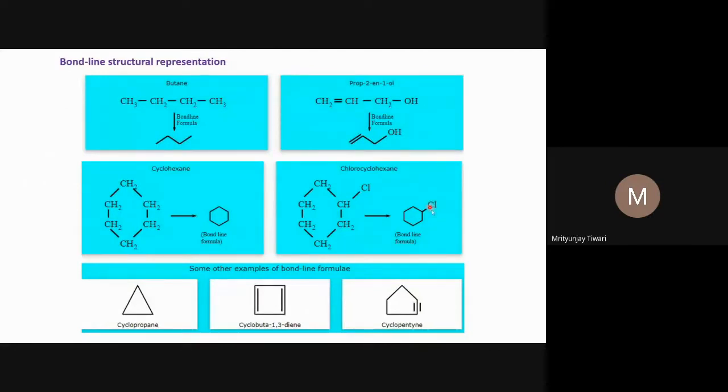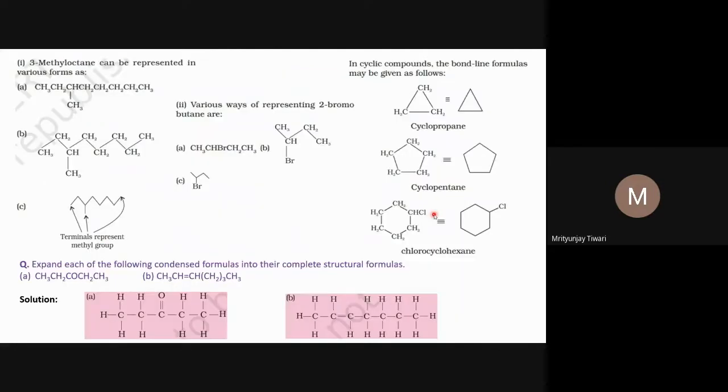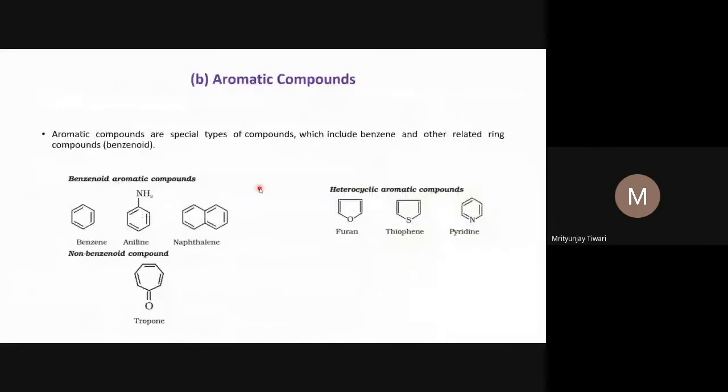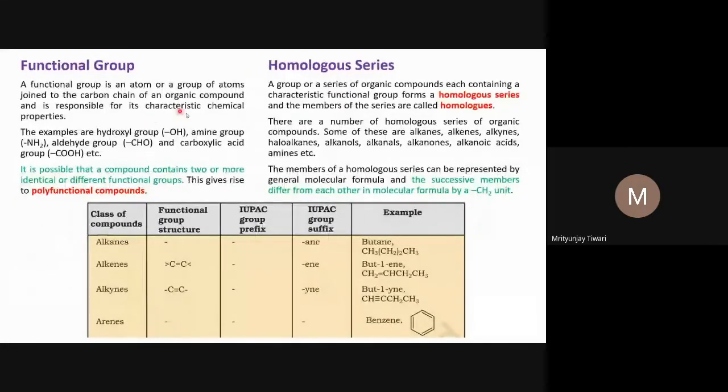This Cl, this is one atom, and this is also a functional group. So it may be one atom or a group of atoms which are joined to the carbon chain of the organic compound and is responsible for its characteristic chemical properties.